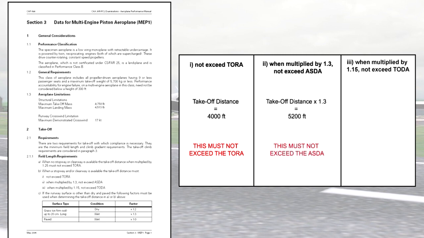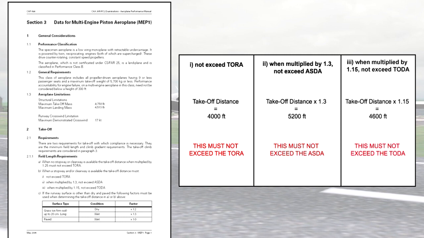The second regulation tells us that when the takeoff distance is multiplied by 1.3, that distance must not exceed the accelerate stop distance available. You may recall that the accelerate stop distance available is the takeoff run available plus any stopway. So, a pilot must ensure that the airfield has an accelerate stop distance available of more than 5,200 feet.